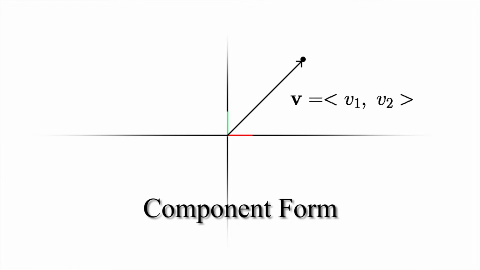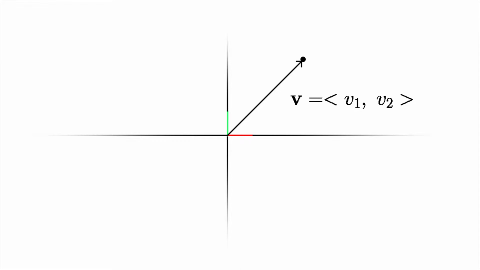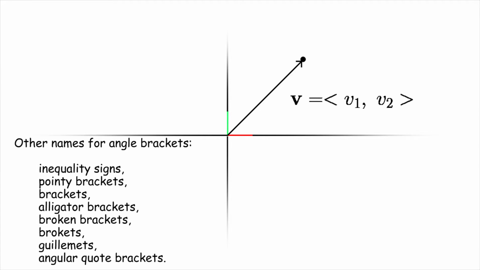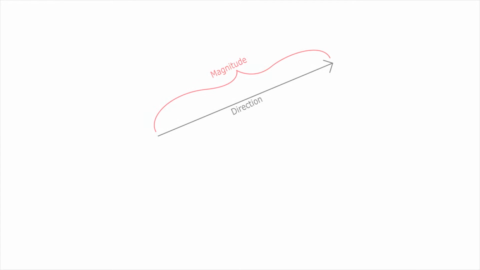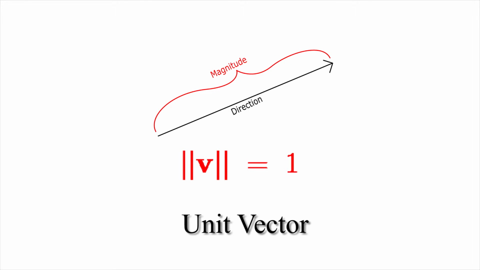The coordinates v1 and v2 are components of v. Component form is always going to be written with angle brackets. If both the initial point and the terminal point are at the origin, v is a special vector called the zero vector. If the magnitude or length of v is equal to 1, this is called a unit vector, but we'll talk about unit vectors a little bit later.